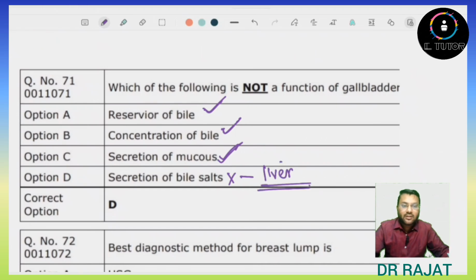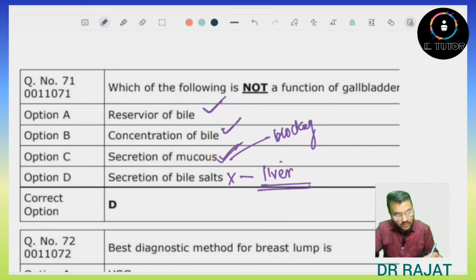And if there is a blockage to the drainage of the gallbladder, then it will lead to the mucocele because there is continuous secretion of mucus. So blockage will lead to mucocele. So answer here will be option number D, which is the secretion of bile salts, which is done by liver.